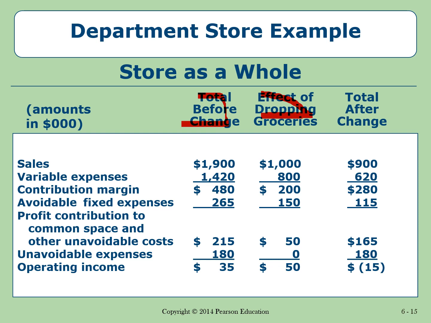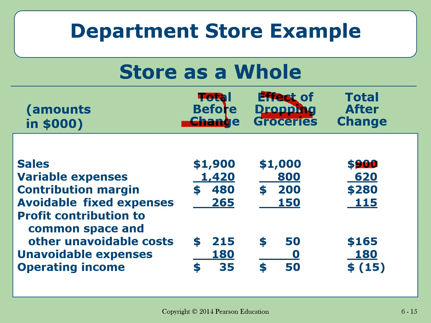This means the after change is going to be only 900 sales revenue, and the variable expense is going to be from 1,420 to 620 after dropping the 800 of variable expense.